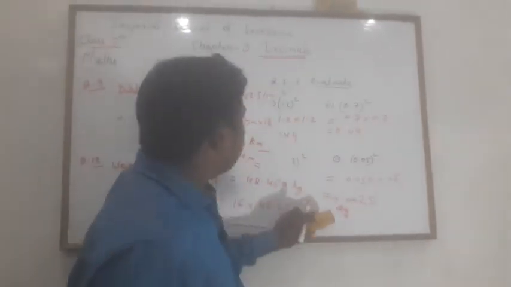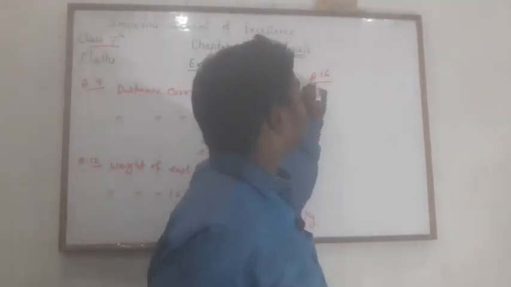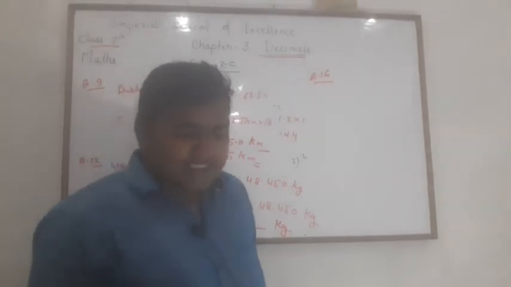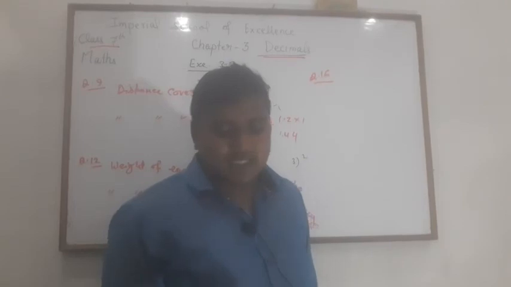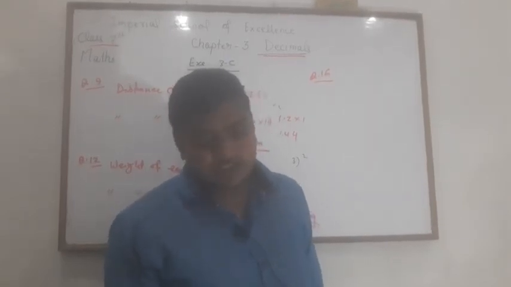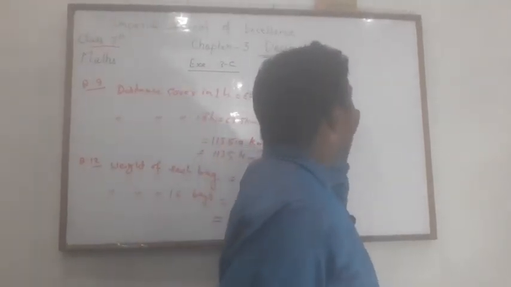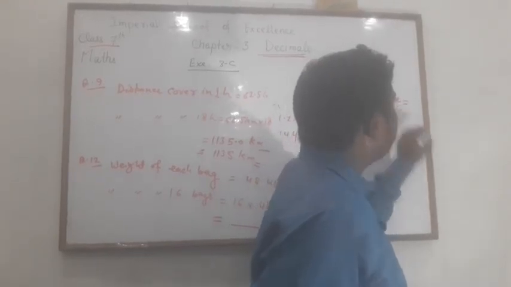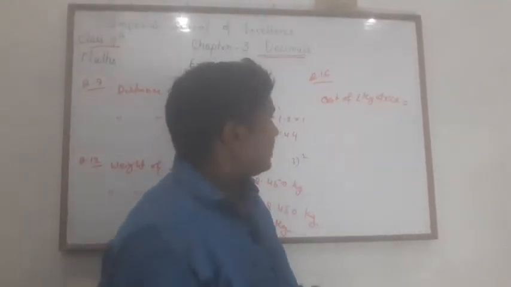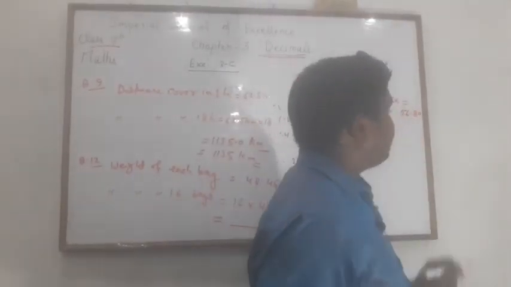Okay. Let me tell you one more question. Question number 16. See, question number 16. 1 kg rice costs 56.8 rupees. What is the cost of 16.25 kg of rice? Okay, so basically the cost of 1 kg of rice is equal to 56.80 rupees.